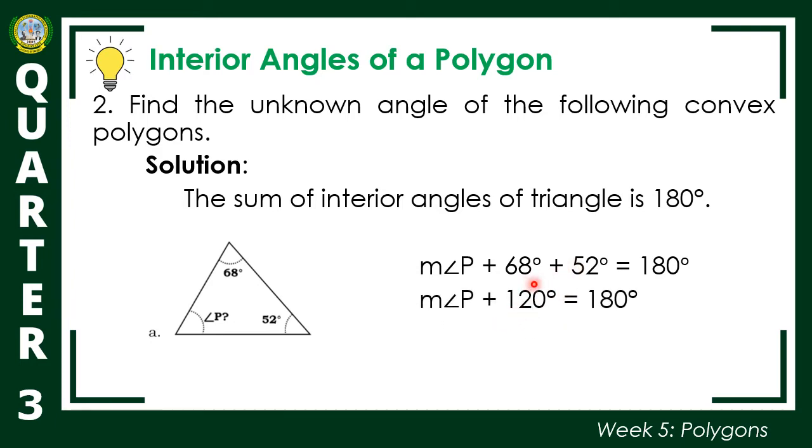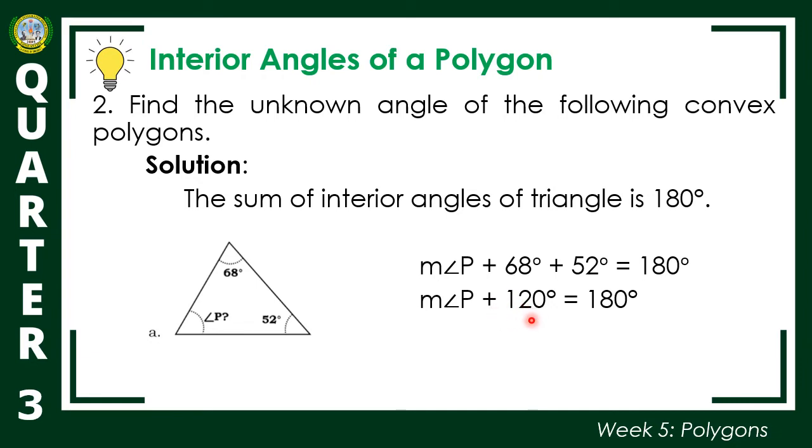Okay? We combined the two constants. Next is applying the addition property of equality. What we will do is isolate this variable, the measure of angle P, by removing positive 120 on this side.